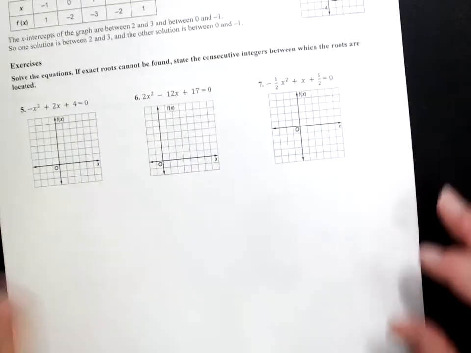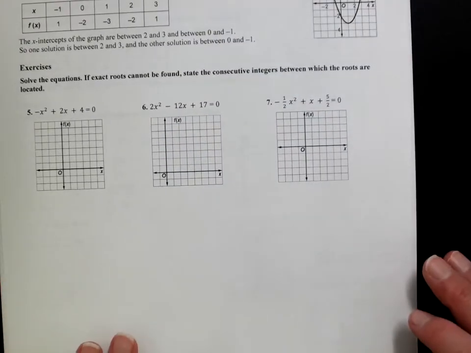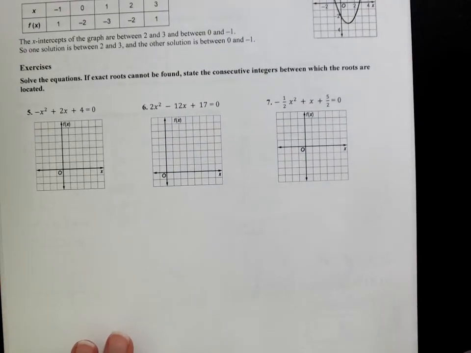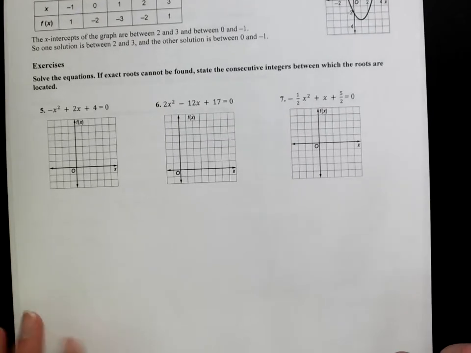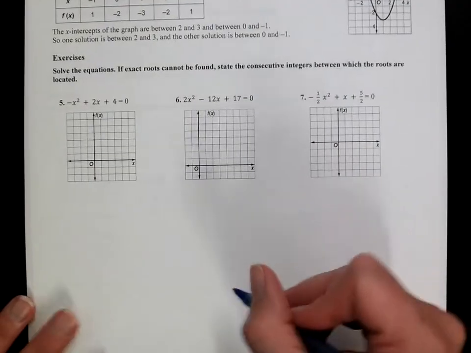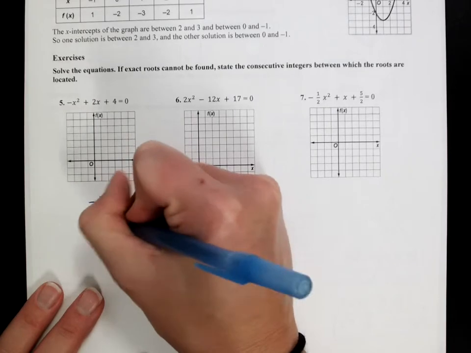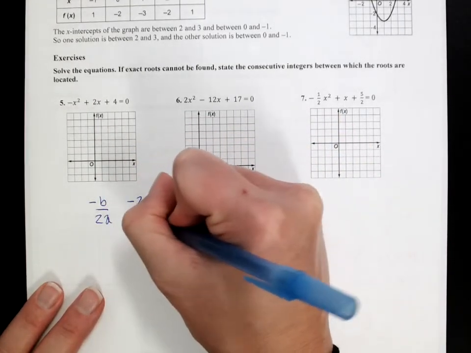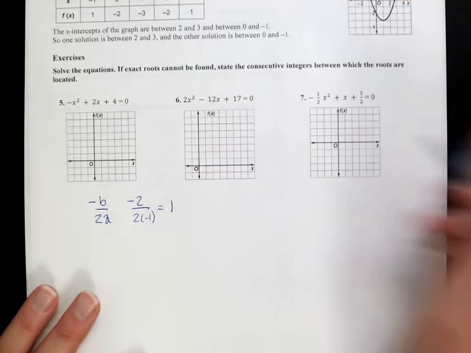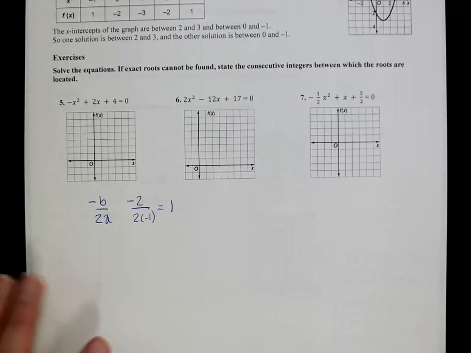sometimes you don't know exactly where those solutions are. So for example, these equations cannot be factored. Okay, but I can still estimate at least where my solutions are. So looking here at question number 5, this is the only one I'm going to do. Again, negative b divided by 2a. So in this case, that's going to be negative 2 divided by 2 times negative 1, or 1 is the x value of your vertex.